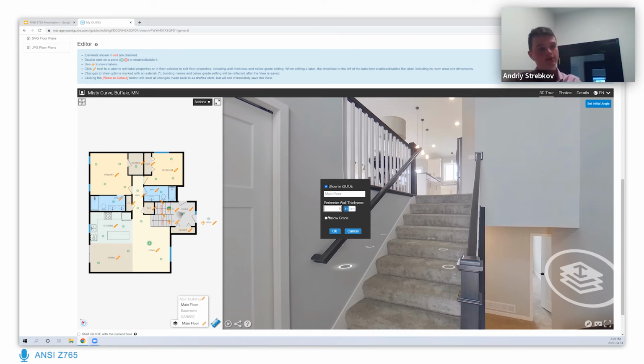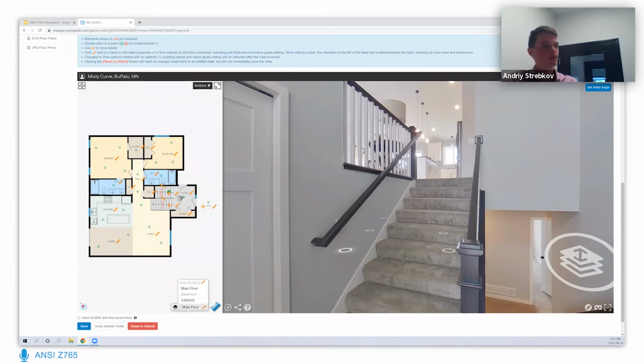By the way, here I can also indicate if it's below grade or above grade. Typically, we will help you with this as well. But let's say if you want it to be below grade for some reason, you can make it below grade, and it will be reflected on the ANSI report. In this case, I just leave it like this. So here you have perimeter wall thickness, 6 inches.